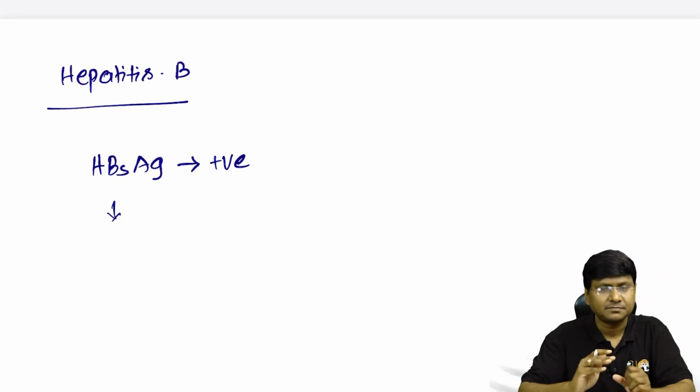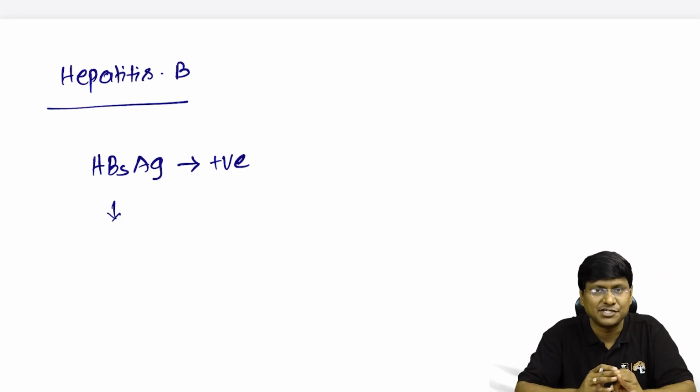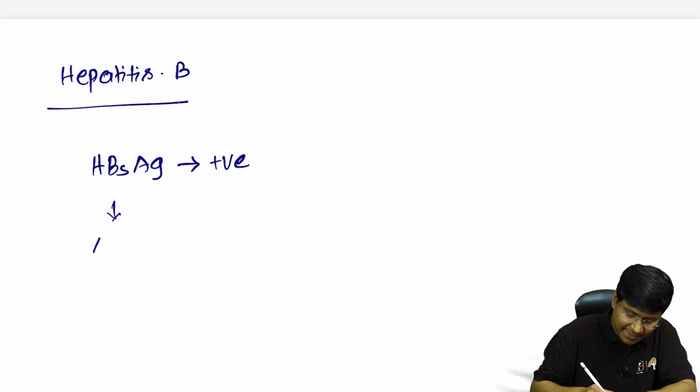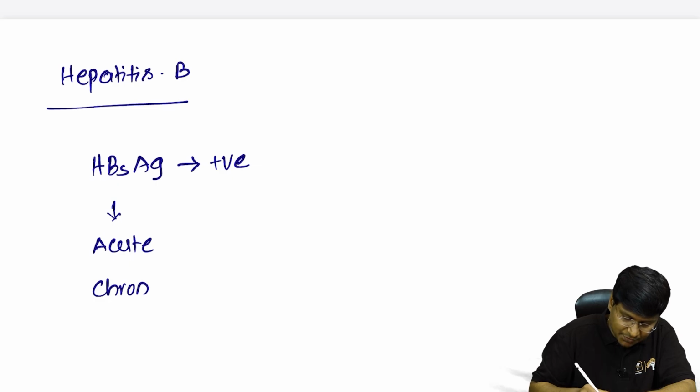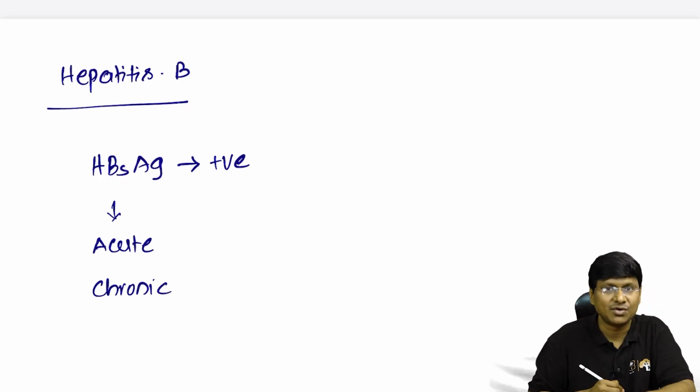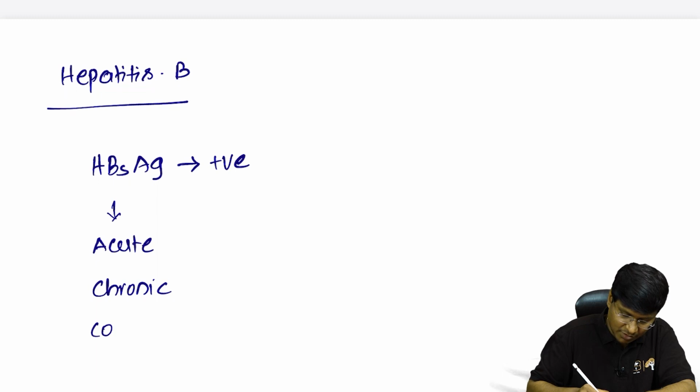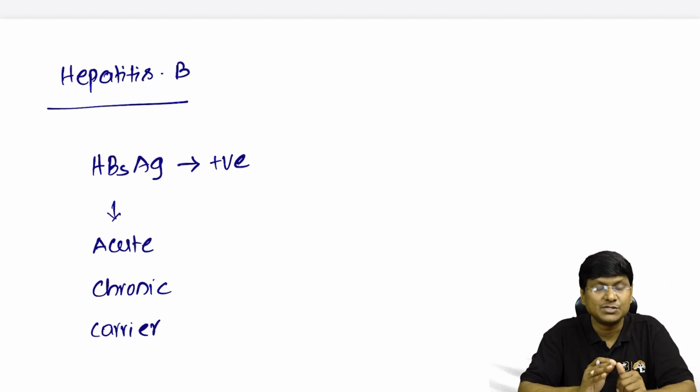And if the surface antigen is positive, what does it tell you? It tells you that the individual is having acute hepatitis B, or chronic hepatitis B, or that the individual is a carrier. That is what HBsAg positive represents.